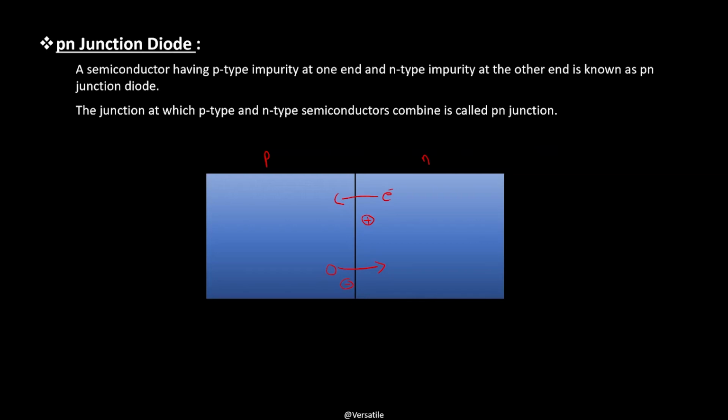And as the electrons and holes continue to diffuse, a layer of positive charge on n side of the junction and a layer of negative charge on the p side of the junction is developed.